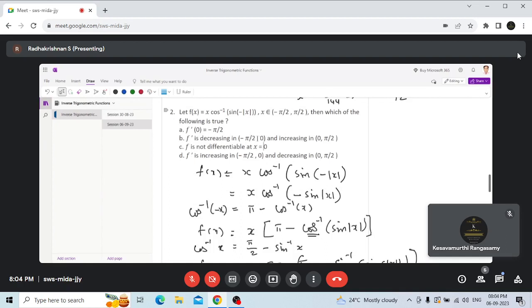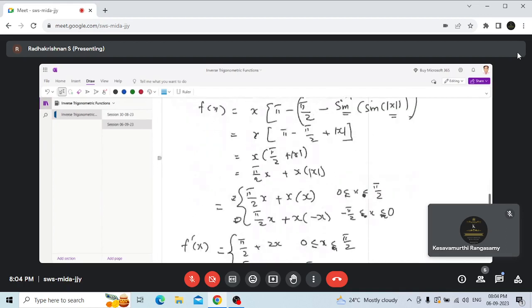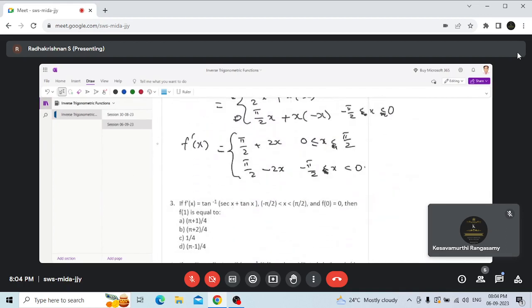Okay, so we have to say whether it is increasing in minus pi by 2 to 0 or whether it is decreasing. So that's what you have to see. When it is 0 to pi by 2, since it is plus 2x, it is increasing. Here it is decreasing.